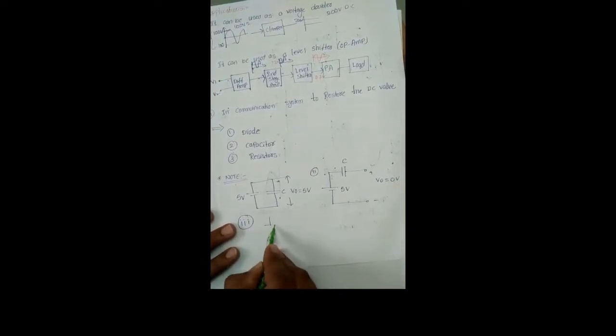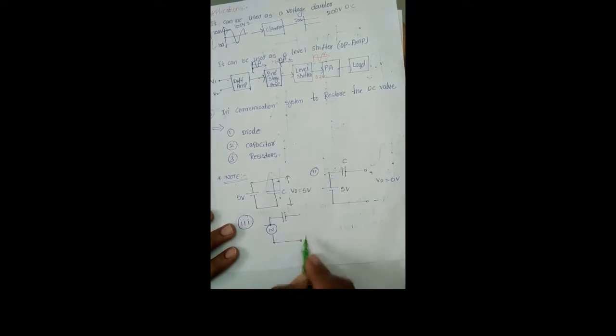For example, here we consider the third circuit. In this circuit we give an AC input signal, and here we connect one capacitor, and here we connect the output. At this time, the AC signal is given to the input of this capacitor.